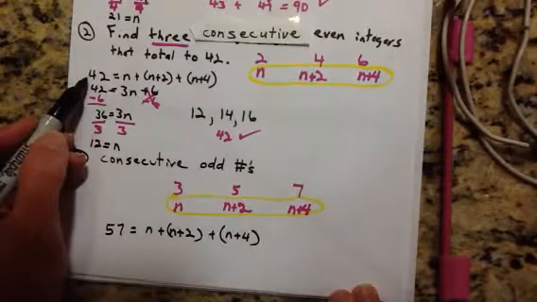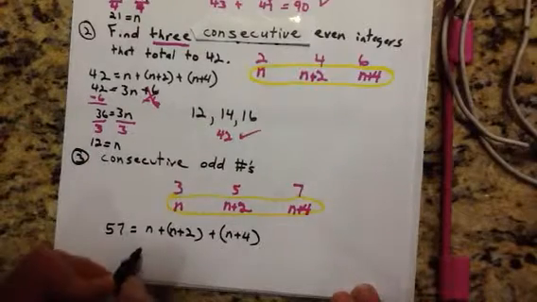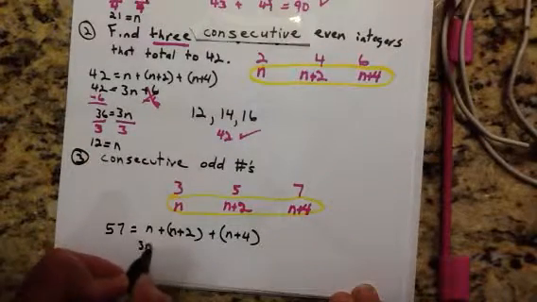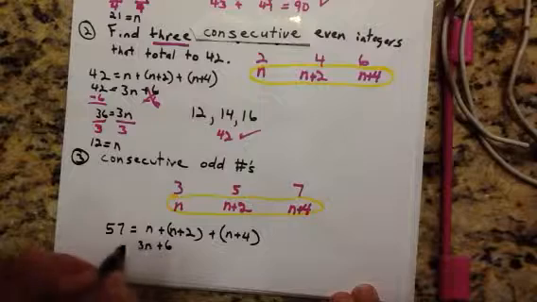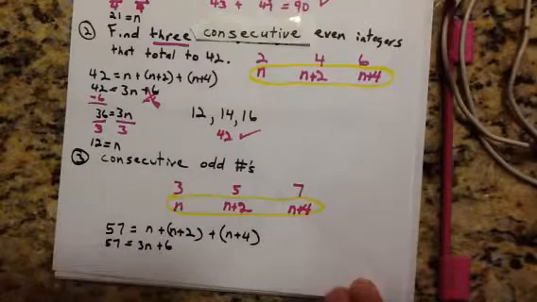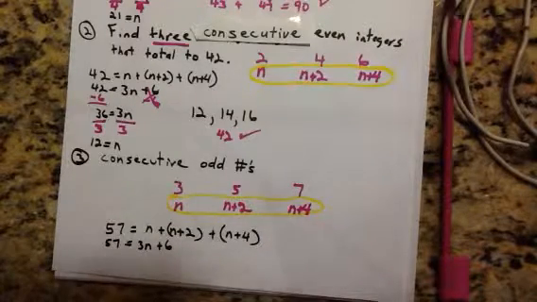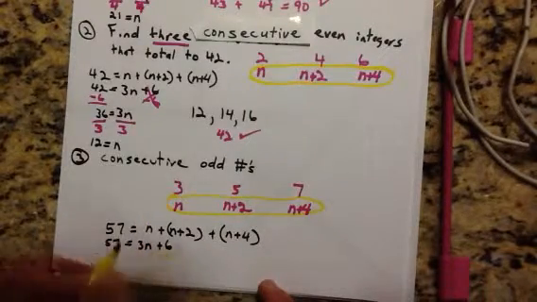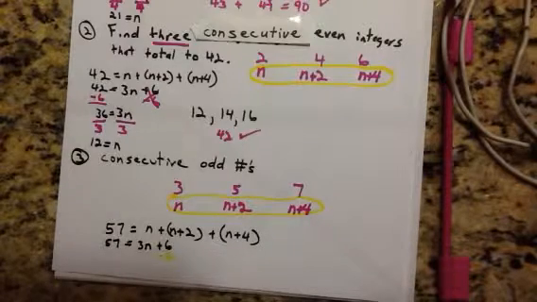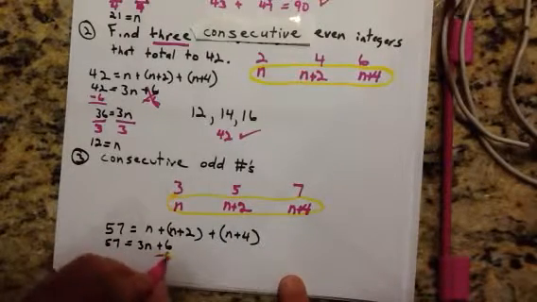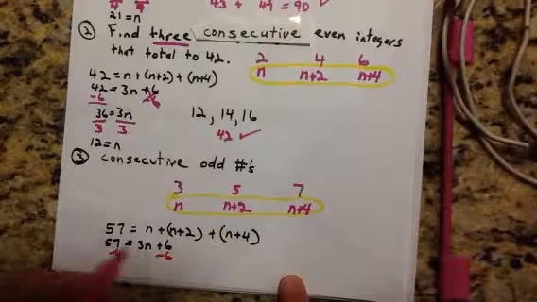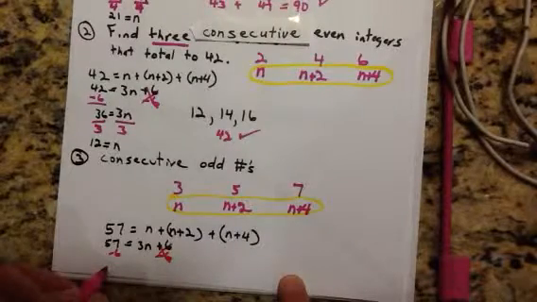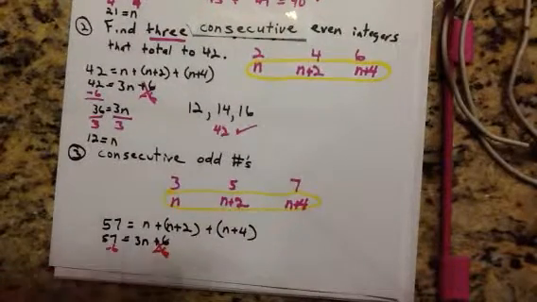We started with an even number here. We end up with 3n plus 6 equals 57. All right, and then we'll go through isolating the variable. Subtract 6 here, subtract 6 here. Those cancel.